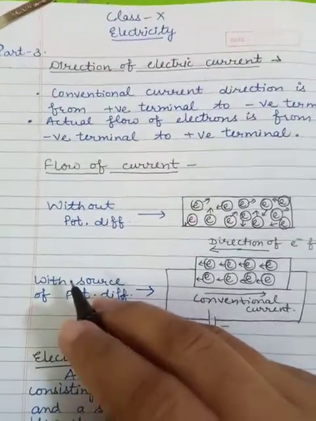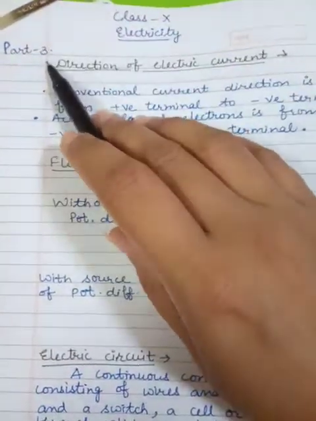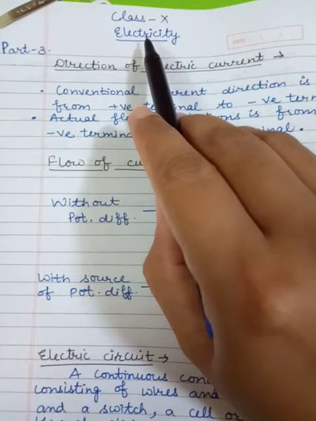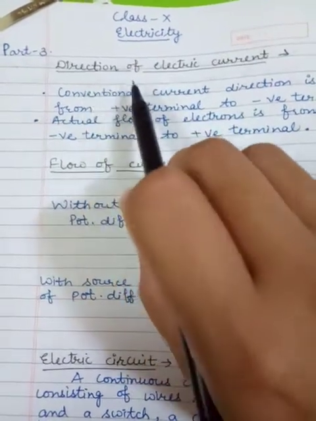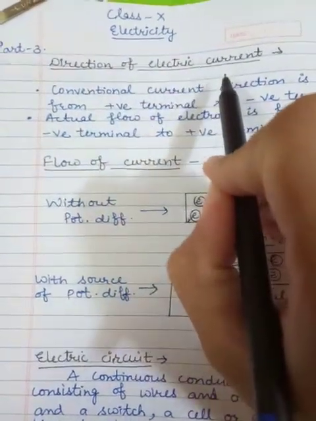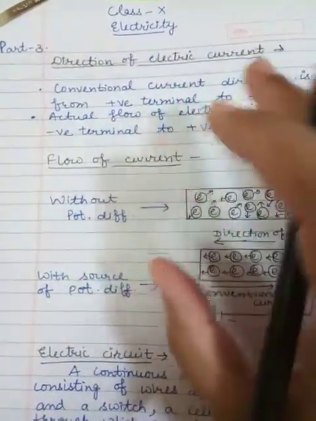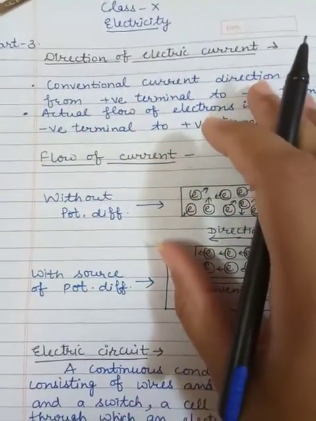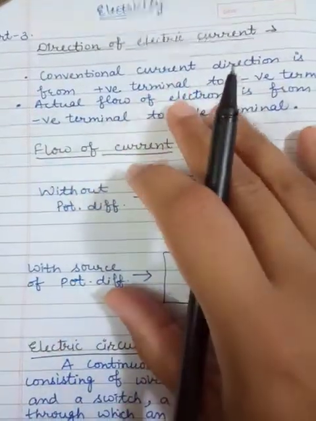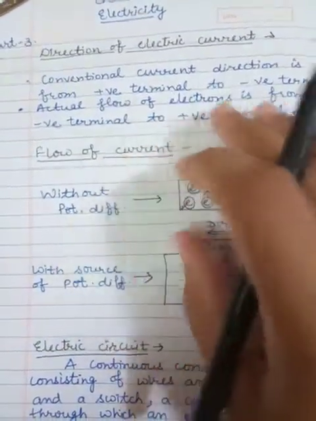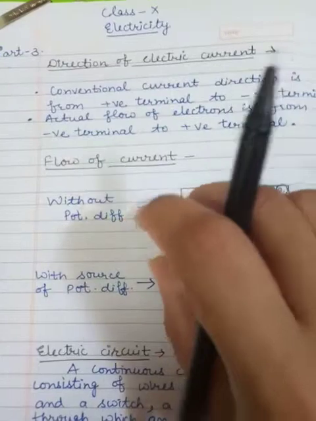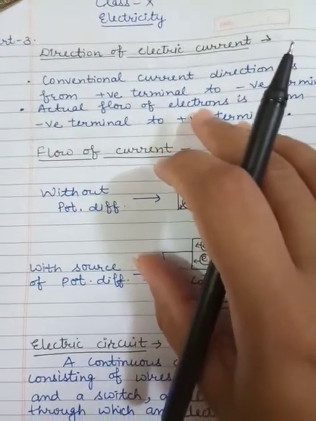Hello everyone. This is the third part of the chapter electricity, and we are going to discuss the direction of electric current. When electricity was invented earlier, there were only two types of charges, positive charge and negative charge. But electrons were not discovered at that time.